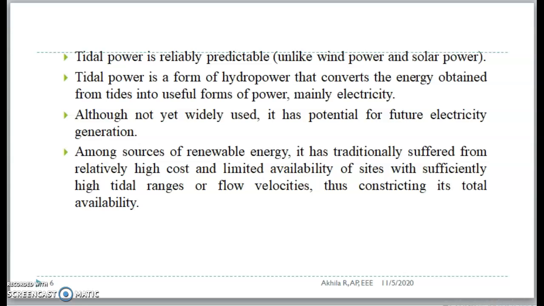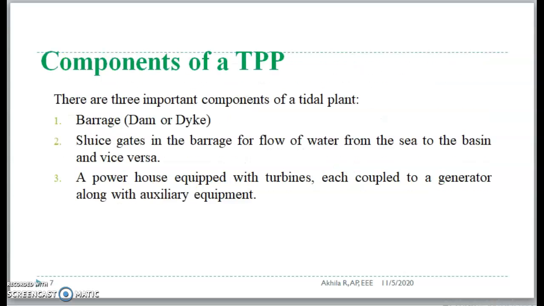Though it is not yet widely used, it has potential for future electricity generation. Among the sources of renewable energy, it has traditionally suffered from relatively high cost and limited availability of sites with sufficiently high tidal ranges or velocities, thus constricting its total availability.